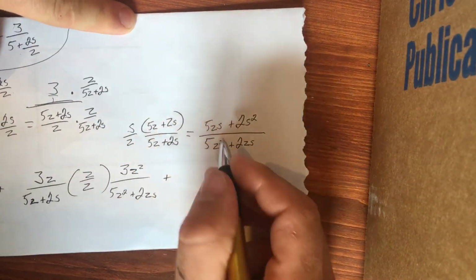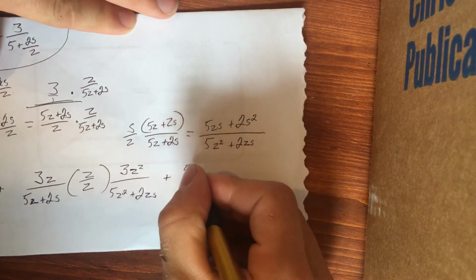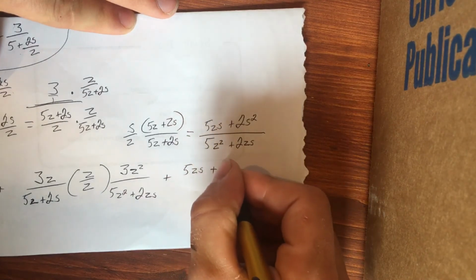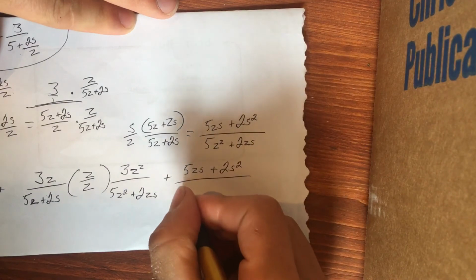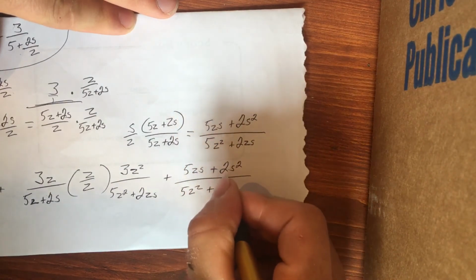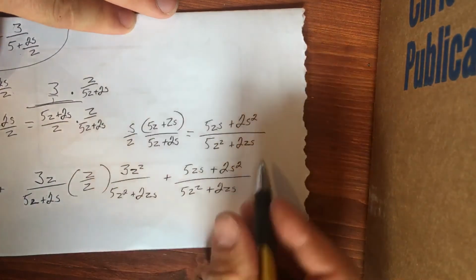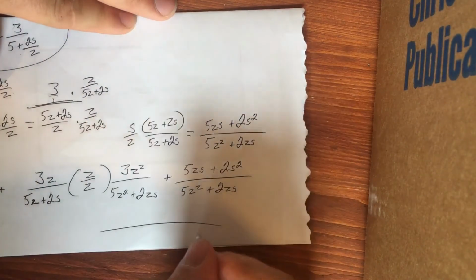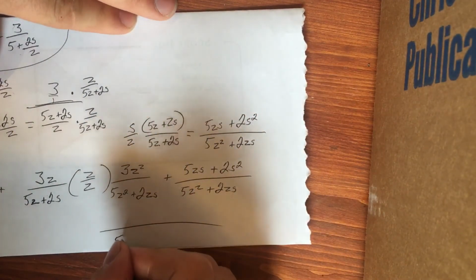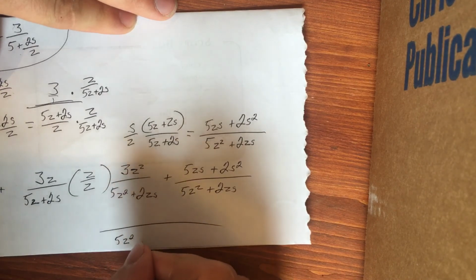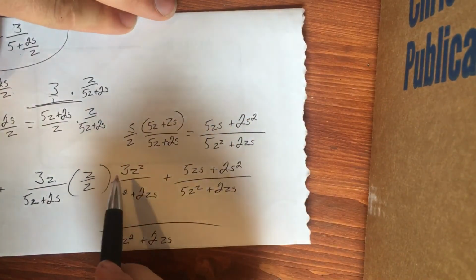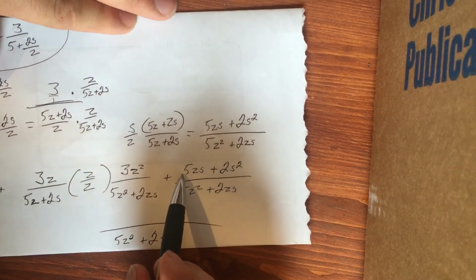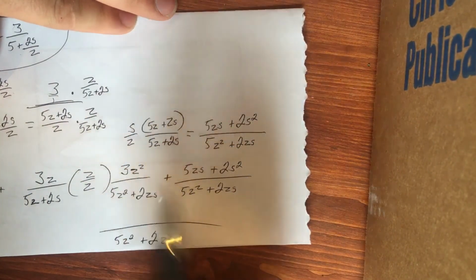So when we add the second term onto the first one, our denominator is the same, so I'm going to copy this guy straight down. 5zs plus 2s squared over 5z squared plus 2zs. And this is going to equal, down here our denominator we know is going to be the same, 5z squared plus 2zs over... Oh no, see, I started multiplying.